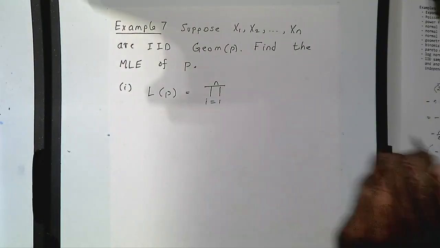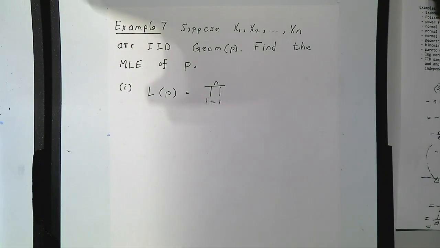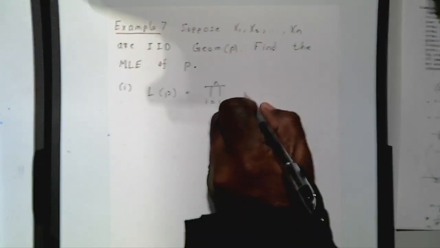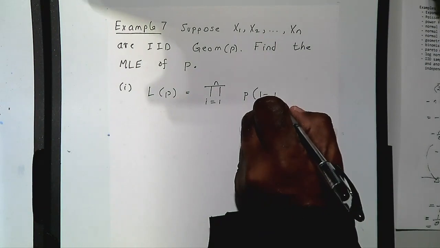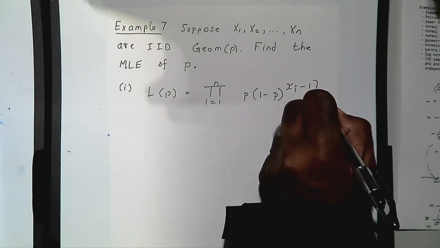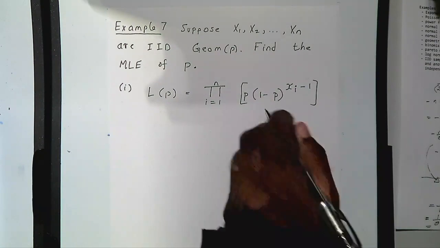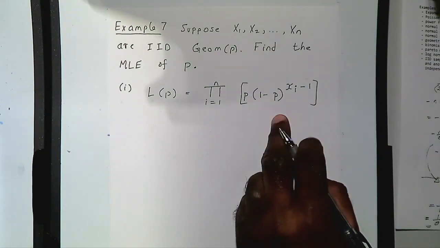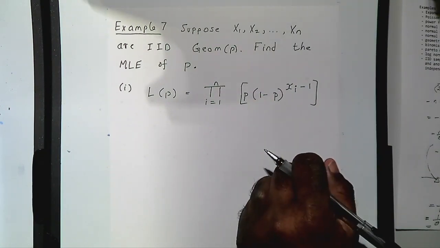Do you remember the PMF of the geometric? It is p times 1 minus p to the power xi minus 1. This is the probability mass function of the geometric.